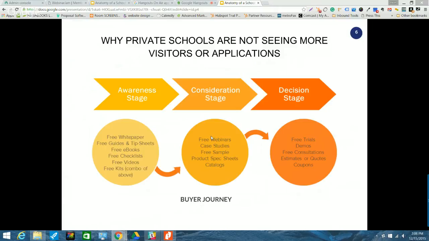But the reality is before a parent even decides to come to your open house, there's a whole other engagement that's going on with the prospect prior to them ever even considering whether they're going to go to your open house versus your competitor's open house. They can only go to so many open houses, right?